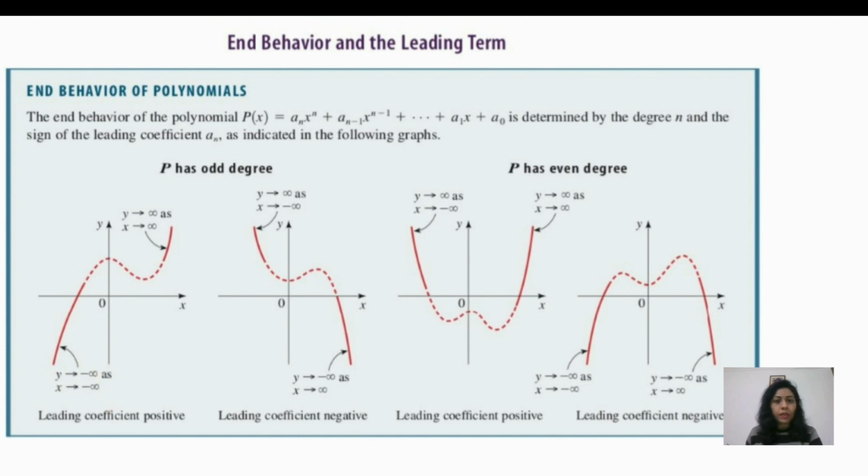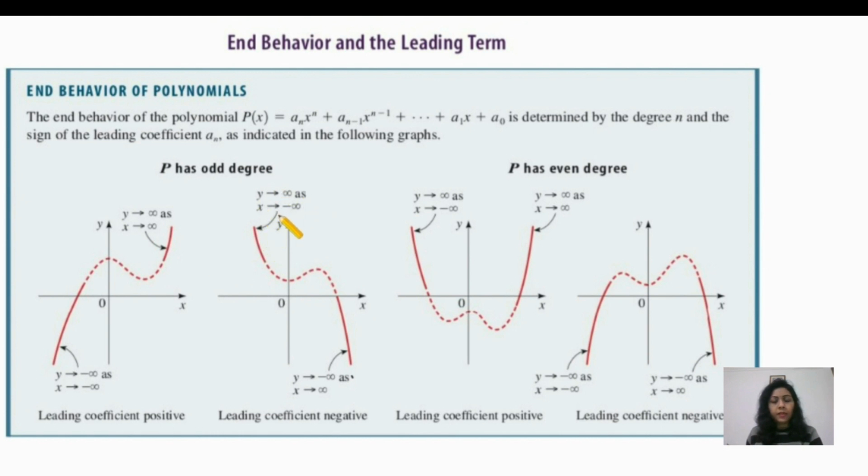And P has odd degree, meaning n is an odd number, and the leading coefficient sign is negative. So the graph looks like this. x tends to positive infinity, y tends to minus infinity, and x tends to negative infinity, y tends to positive infinity.